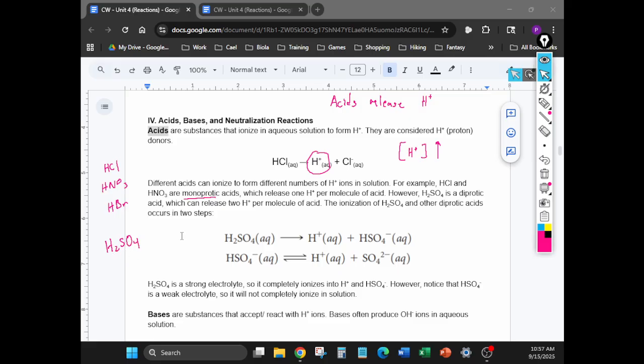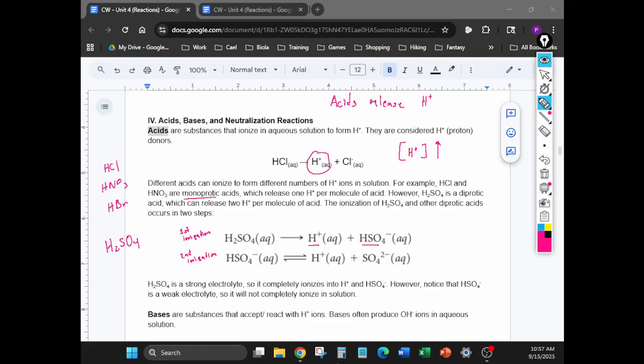H2SO4 is special because if you take a look, this is called the first ionization. Basically the first hydrogen ionizes. H2SO4 will release one hydrogen, and then if you take one off, it turns to HSO4-. Then HSO4- can do a second ionization, where it releases the second hydrogen.